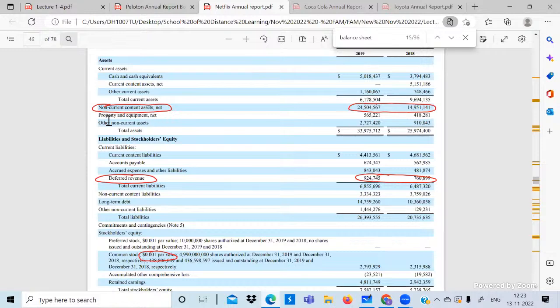And if you look at Netflix, the biggest asset for them is the non-current content asset. Any idea what this non-current content asset is? These are the licenses, or the movies and the shows that they get a right to show.